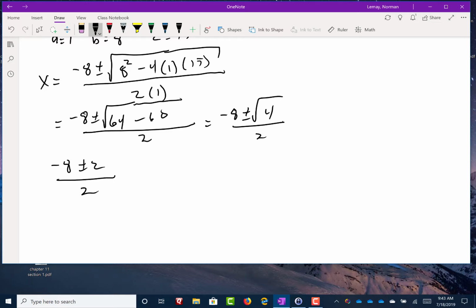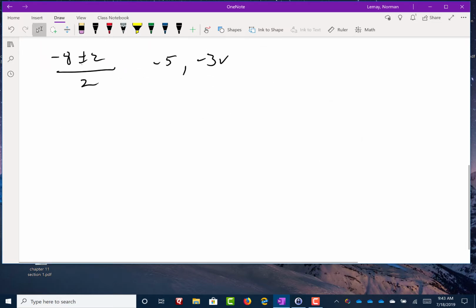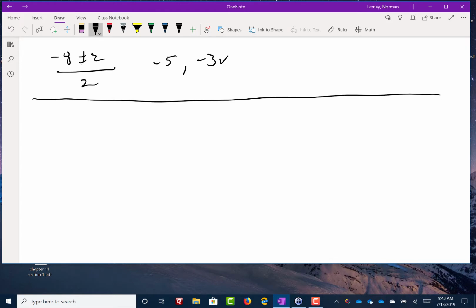So we get negative 8 minus 2, which is negative 10, divided by 2, so we get negative 5. Negative 8 plus 2 is negative 6, divided by 2, so we get negative 3. So these are the two solutions to our quadratic equation. Kind of nice, just down and dirty.